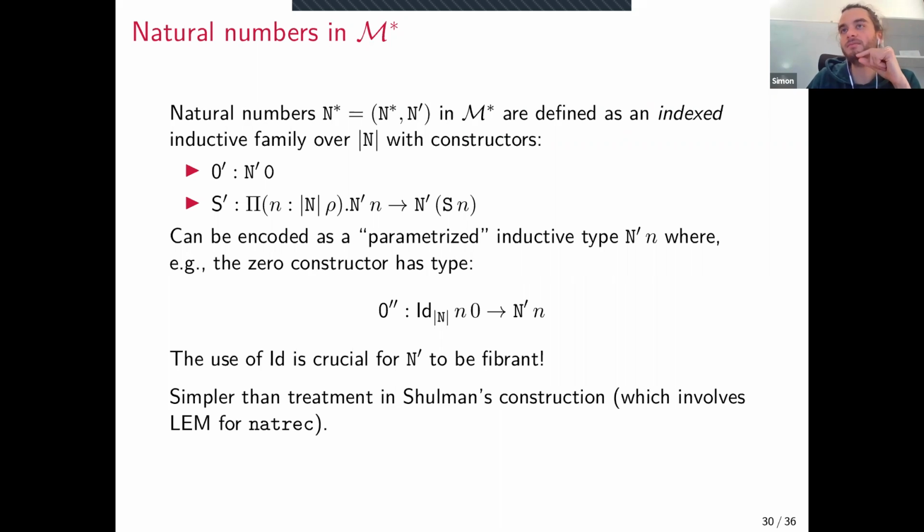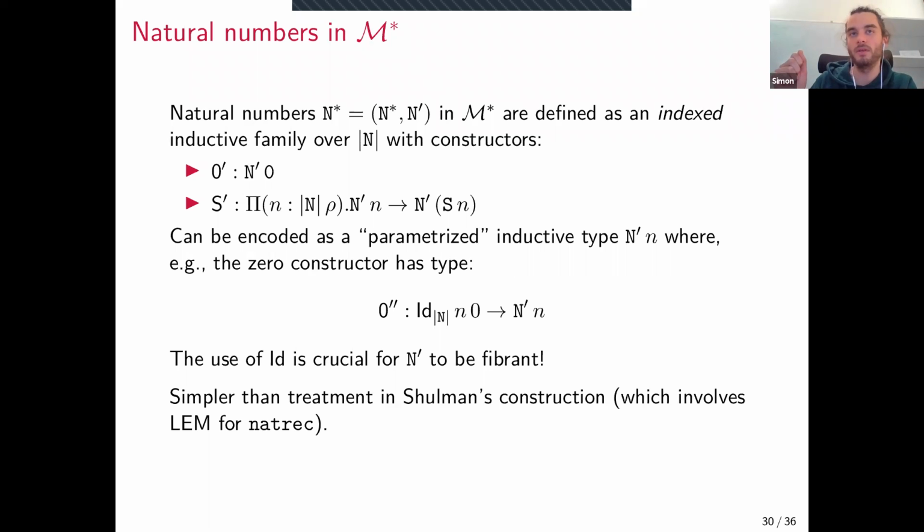So you instead define a type n prime n, where you, for example, have a constructor which also takes an equality proof, so that all the occurrences of the targets of the constructors mention n prime n, not n prime 0 like here. It takes an additional argument, which is a witness that n is equal to 0 in this case.